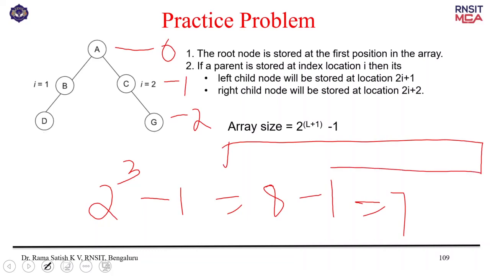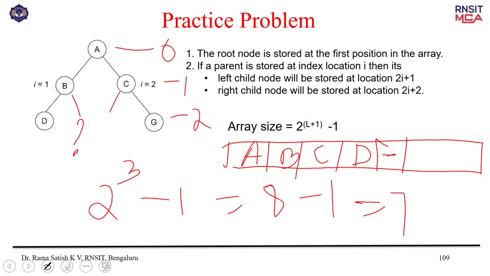In a 7 element array list, the first element you will store A, the second element B, and the third element C. Next D you store after C, and after D there is no element here, so you give a gap, put a hyphen.